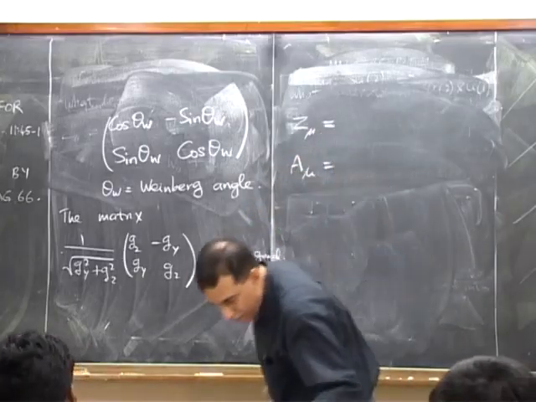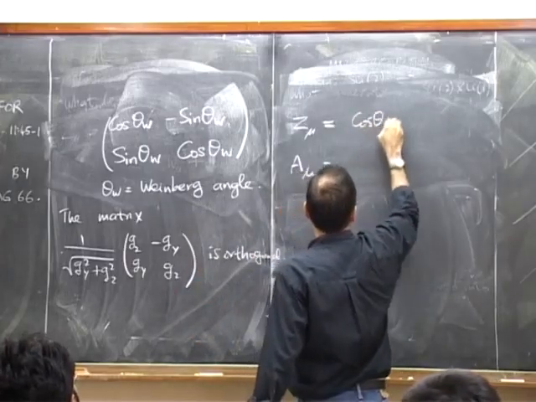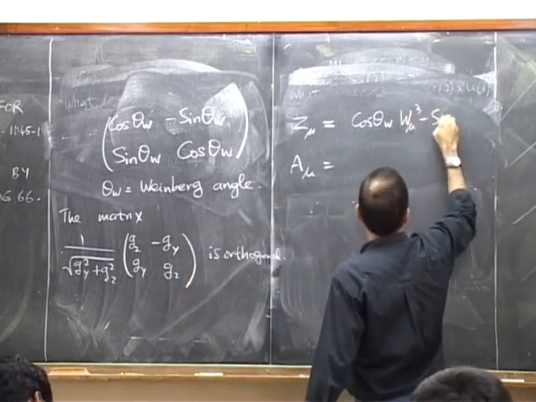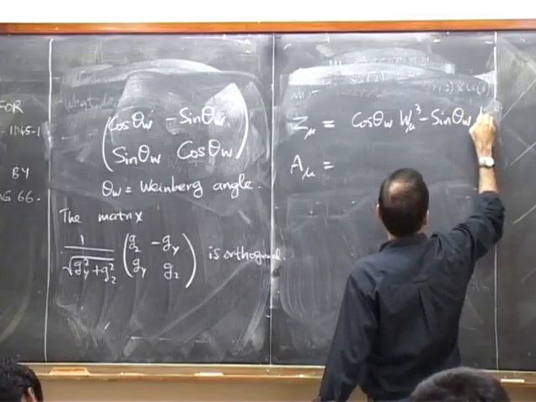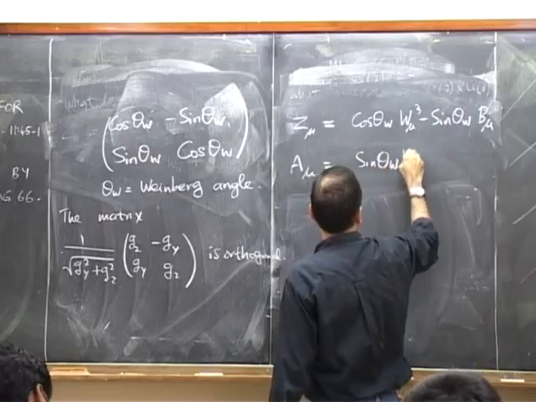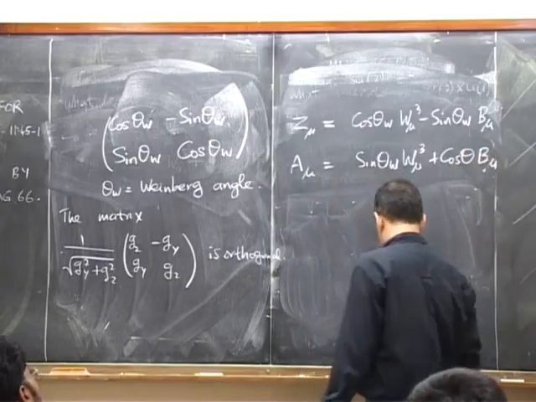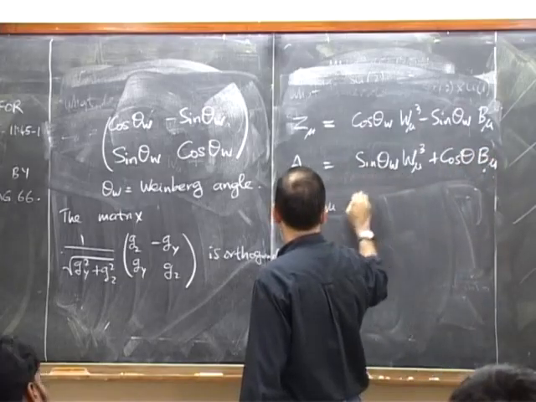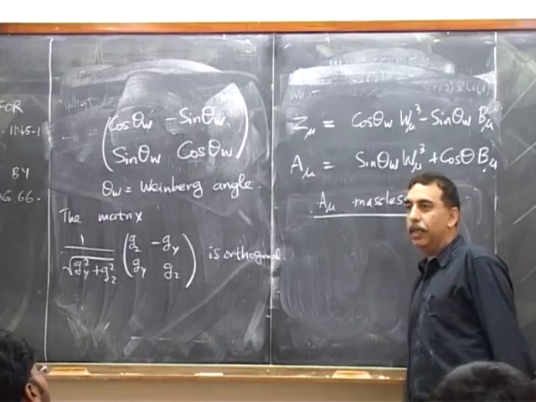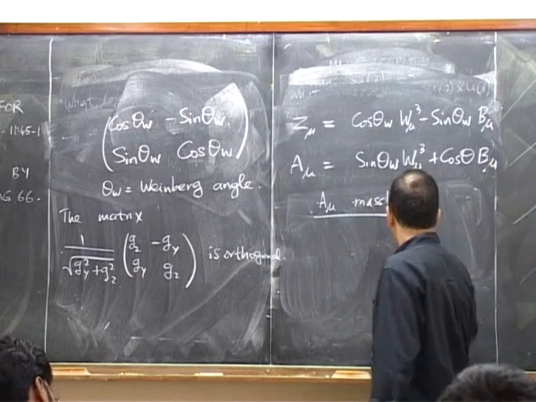So Z_mu is cos theta_W times W3 minus sin theta_W times B_mu, and A_mu is sin theta_W W3 plus cos theta_W B_mu. And A_mu is massless. And here there is absolutely no ambiguity in this theory, because it's massless and it's the only massless gauge field. It has to be identified with the photon.